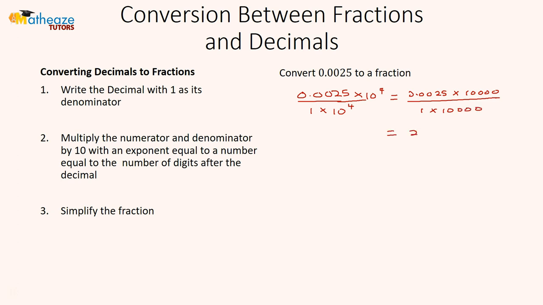So this is going to give us 25 divided by 10,000. So 25 goes into 25 once. It goes into 10,000, 100 divided by 25 is 4, and then we replace the other zeros. So that's what this is.